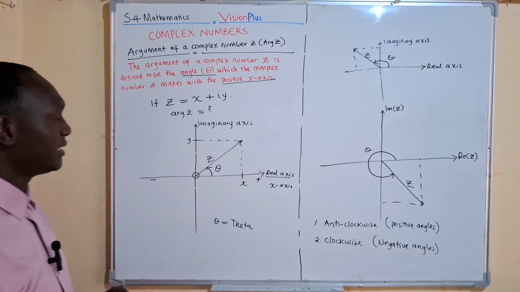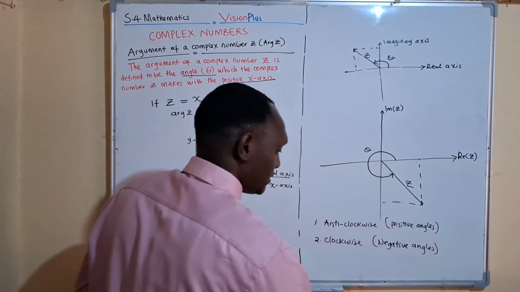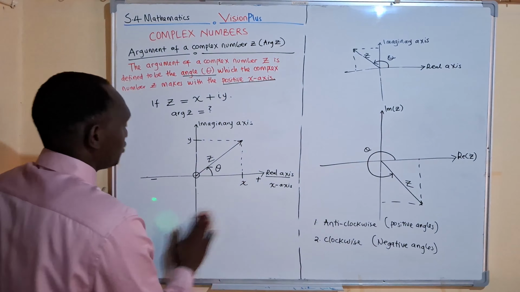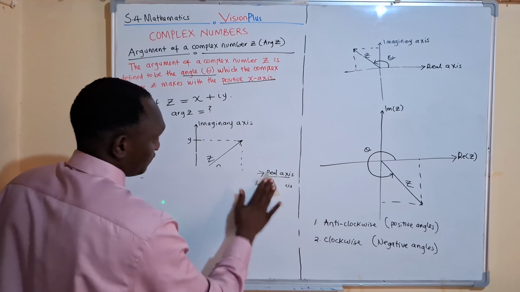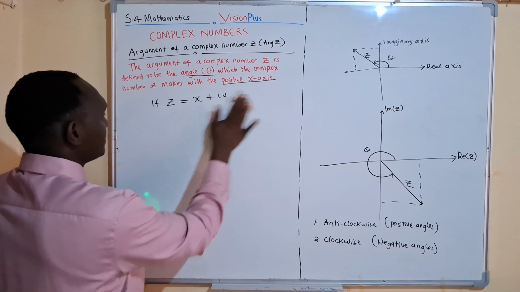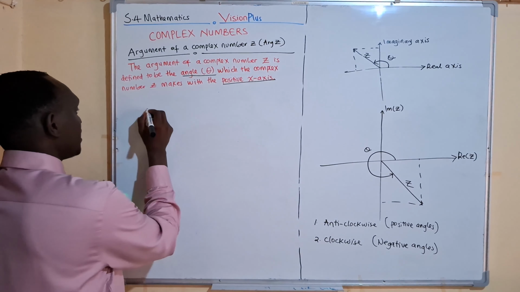Now, I need to tell you that angles are measured in two formats so far at this level, in degrees and in radians. This is just an introduction and overview.